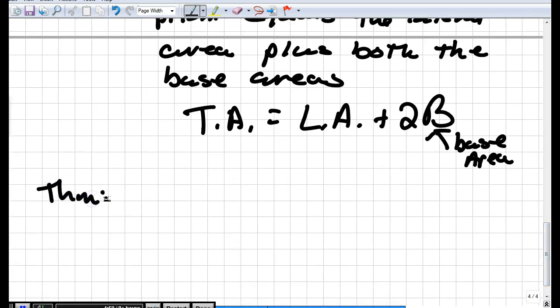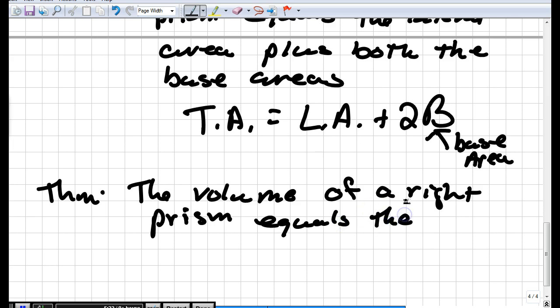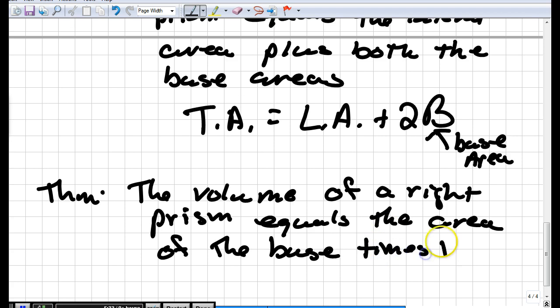And then the final theorem is that of volume. So the volume of a right prism equals the area of the base times the height of the prism.